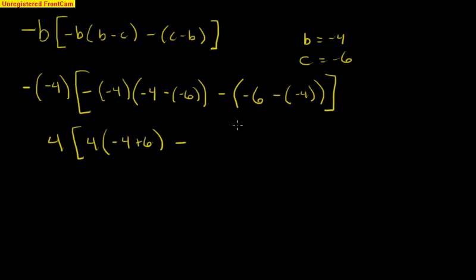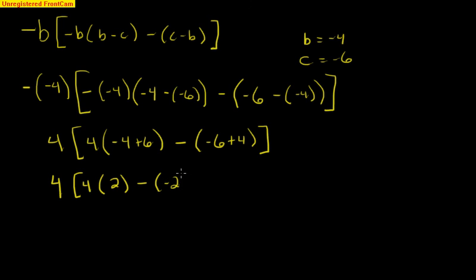Over here you have negative 6 plus 4. It's a little cleaner. We'll sweep through again and do some simplifying. Negative 4 plus 6 is 2. Negative 6 plus 4, negative 2.